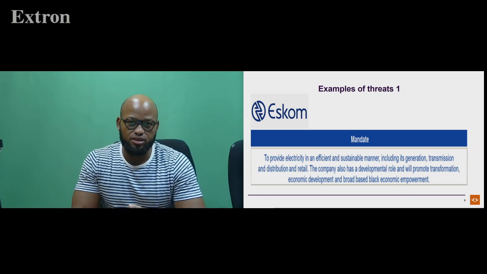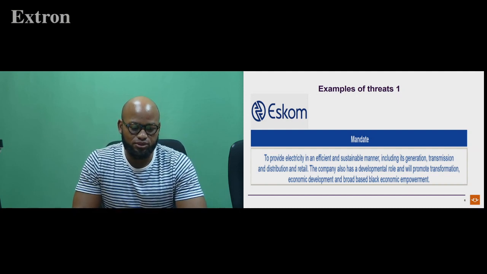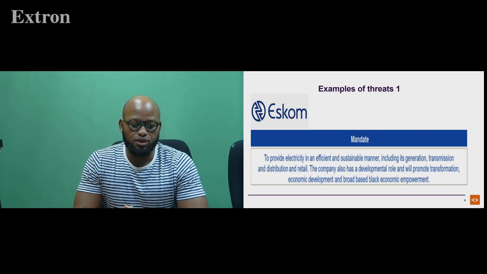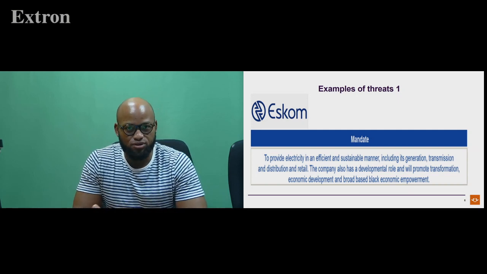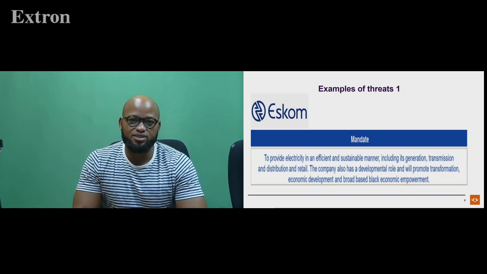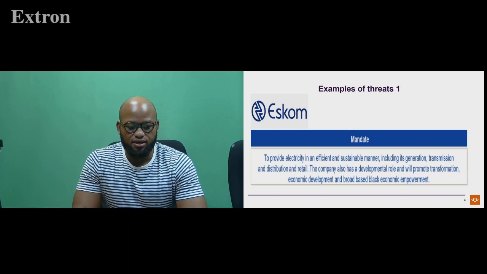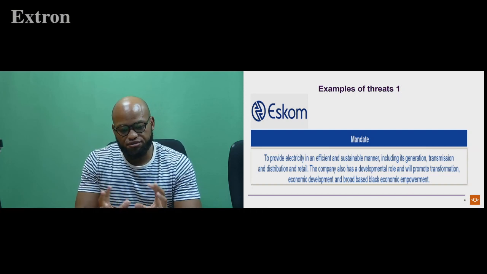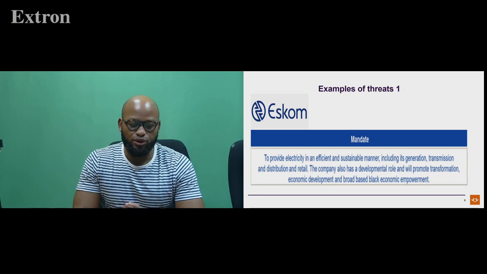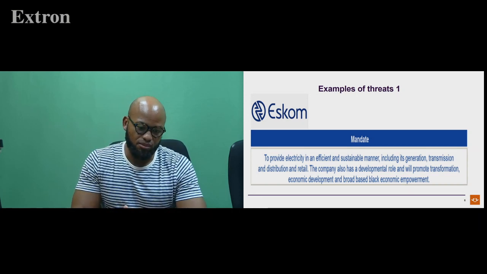And we know that in the country, the management of our parastatals hasn't been very effective, to put it mildly. Through the news, we will all be aware of all the trouble that a parastatal like Eskom is encountering. Let's evaluate the threats and understand what a threat can look like, using the example of Eskom.